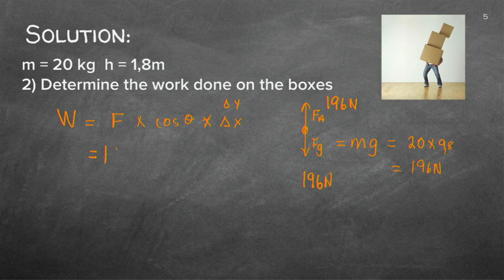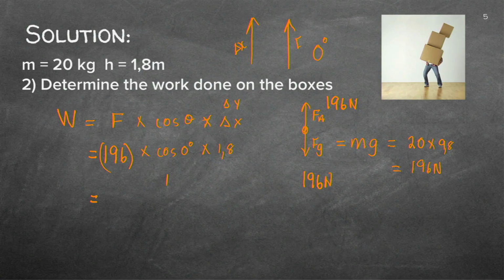I can substitute that with 196. I know the box is going upward, so that's the delta x, and the force is going upward. Therefore, the angle between them is 0 degrees. I can thus say it's cos 0, and that is a value of 1, and it's being lifted up a 1.8 displacement.